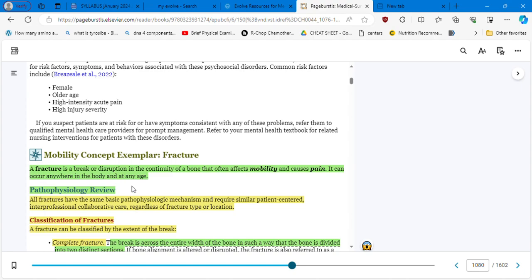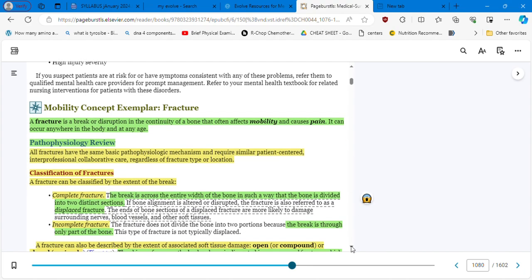The pathophysiology of fractures has the same basic mechanism and requires similar patient care. All of them require similar patient care. The only difference is going to be the location, the extent of the injury, okay, and the type of fracture.